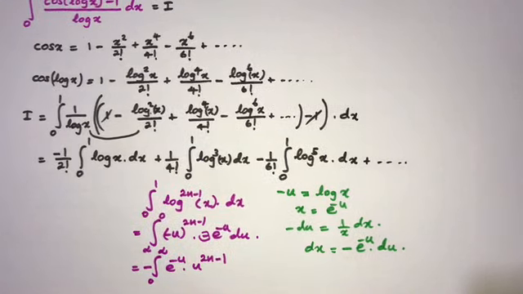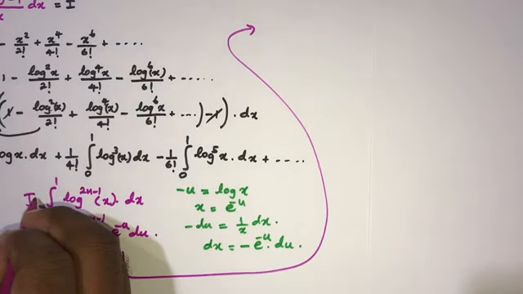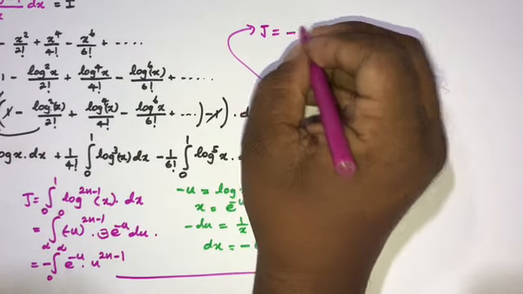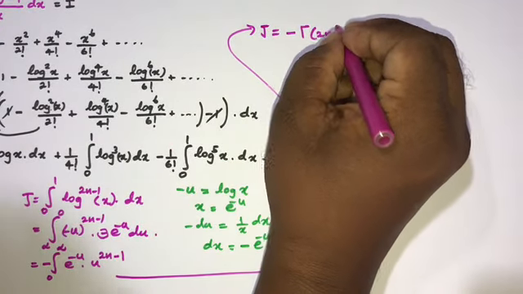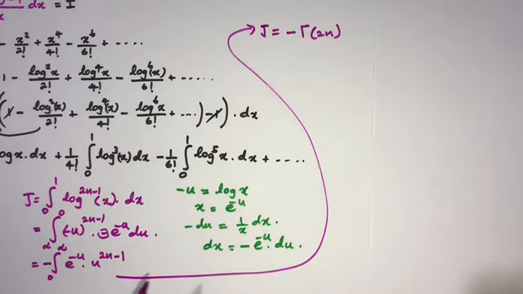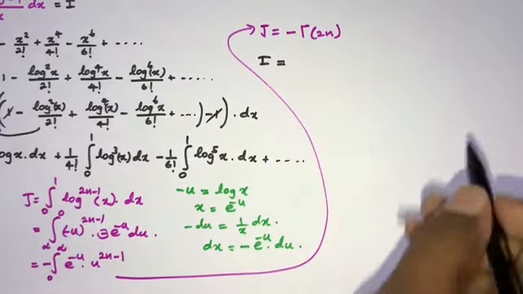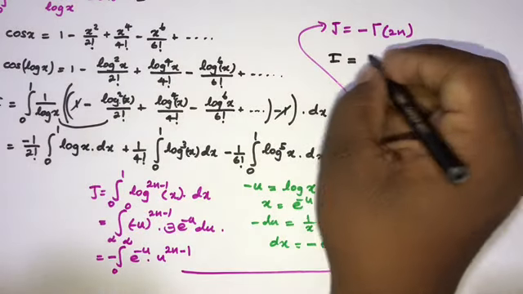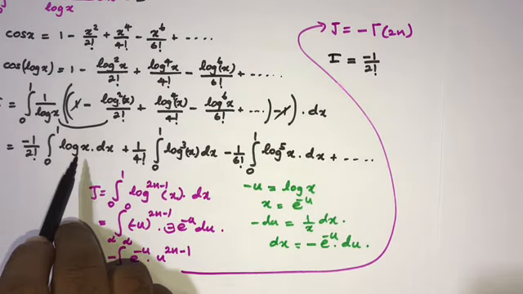If we call this integral J, then J is equal to minus, and this is familiar to us because it is the gamma function: gamma of 2n. Now that we have evaluated the general case, we can substitute into I. First we have minus 1 over 2 factorial times the integral from 0 to 1 of natural log of x.